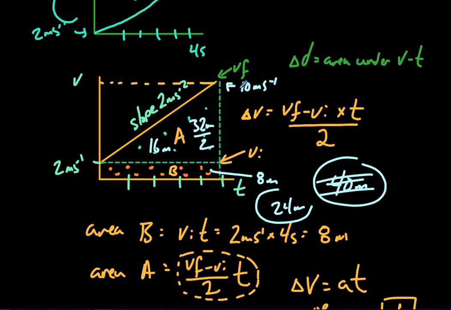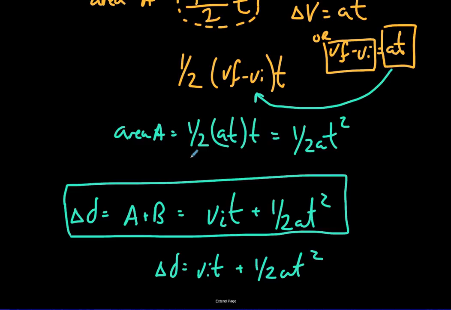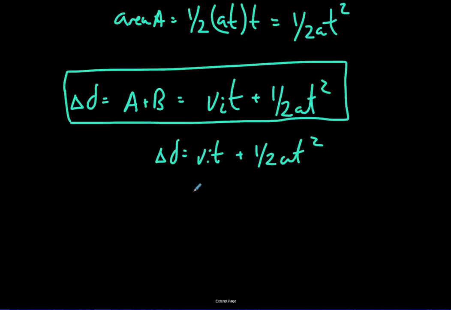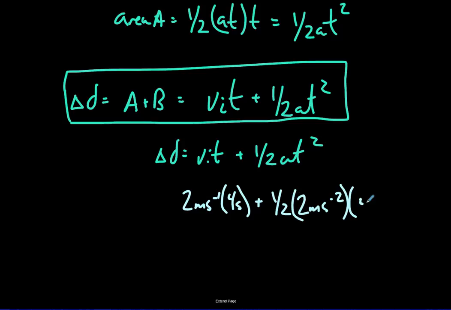Does that make sense? So 8 times 4 divided by 2, this area is 16 and this area is 8. So let's see if that's what we get, just to prove that this works. Oh, I'm sorry, not quite right. 2 meters per second, that's my initial velocity, times the time, that's 4 seconds, plus 1/2, my acceleration was 2 meters per second squared, for 4 seconds, squared.